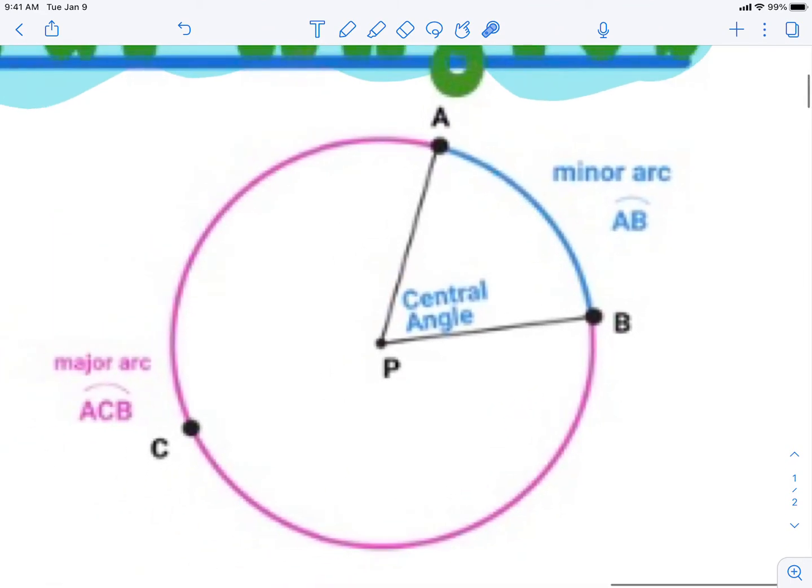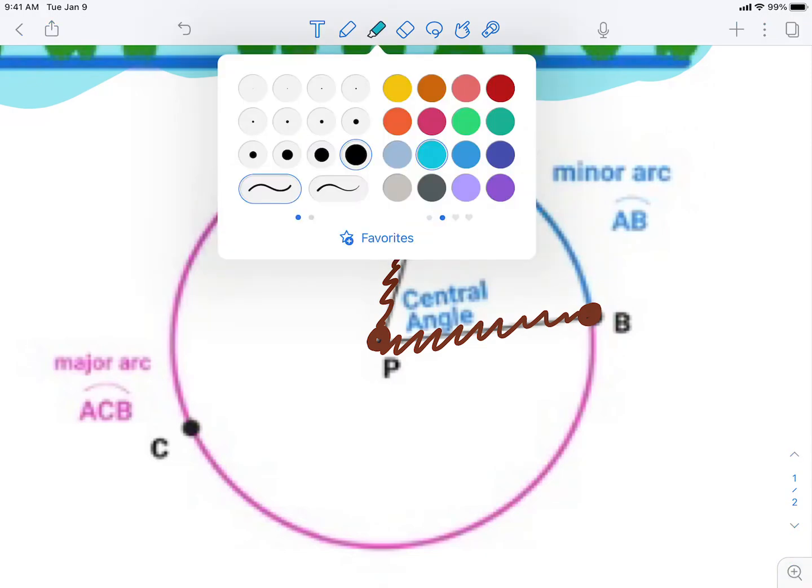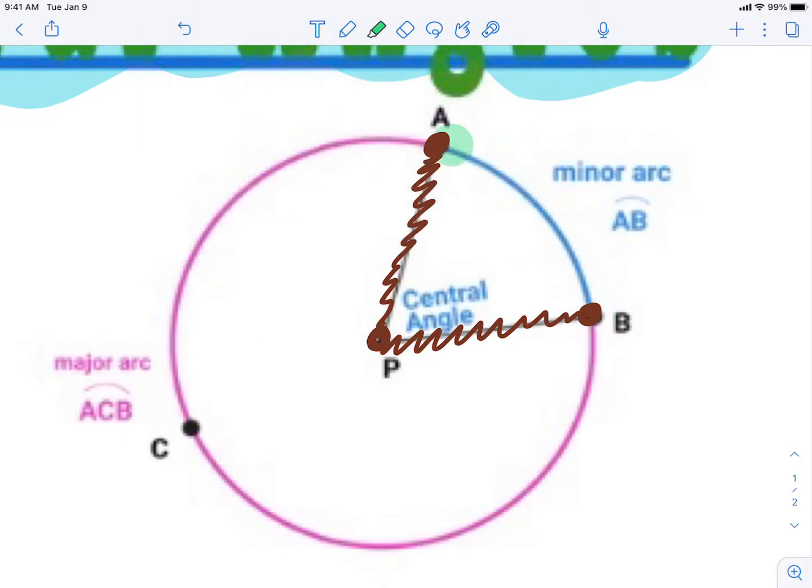Then we remembered that the central angle, which is made from 2 points on the circle and 1 point from the center of the circle, was equal to the arc.